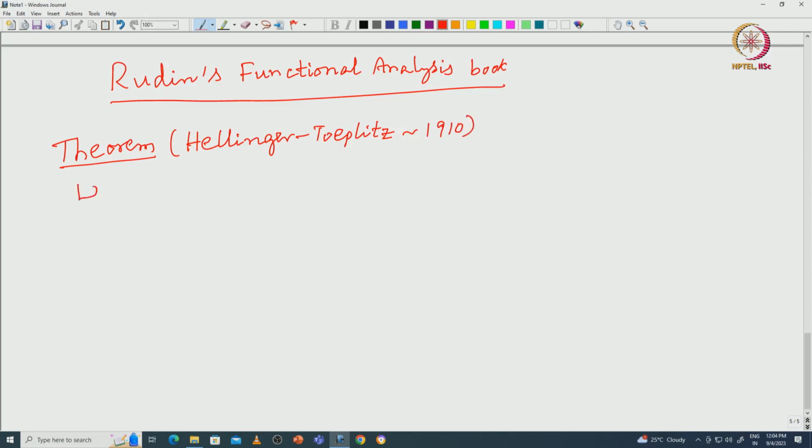So, let H be a Hilbert space and let T from H to H be linear and symmetric.